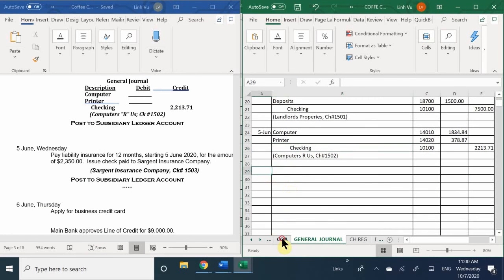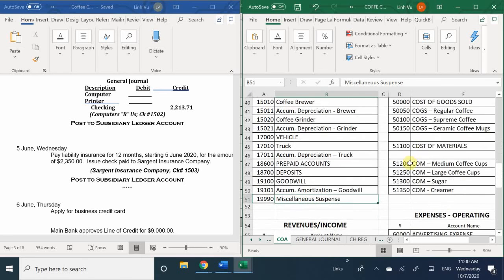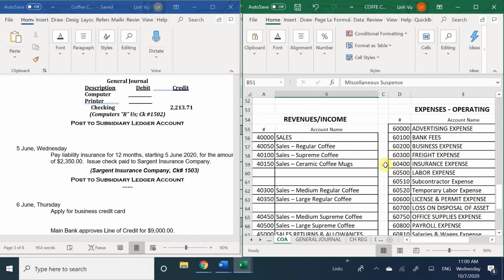Let's actually look at a chart of accounts. What do we know about insurance? It's an expense. So let's look up, do we have an insurance expense? And do we? Yes. 6,400.